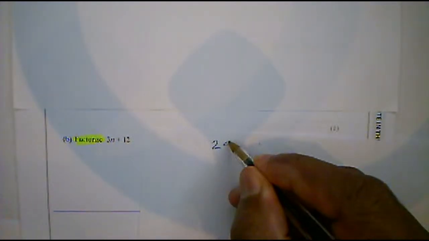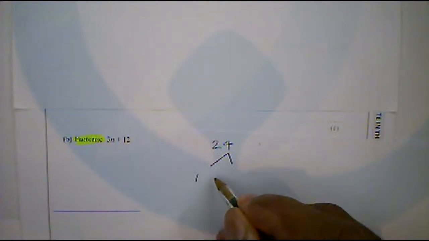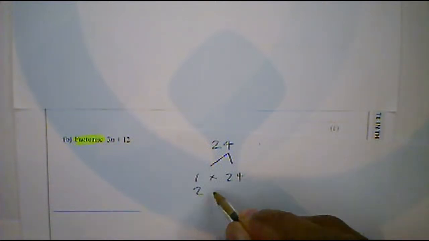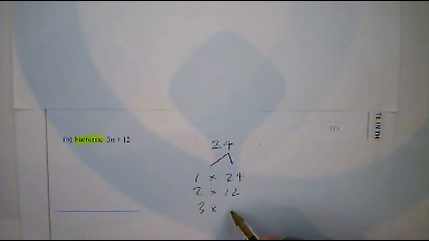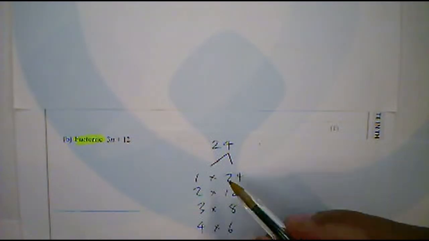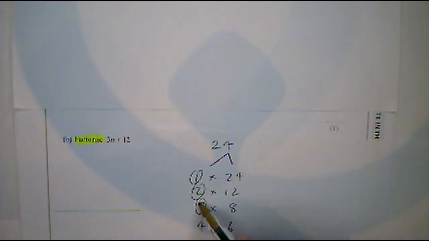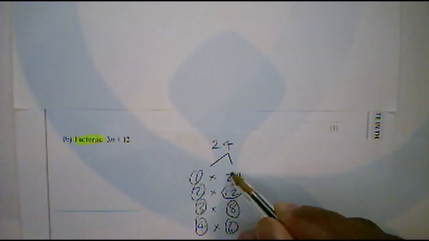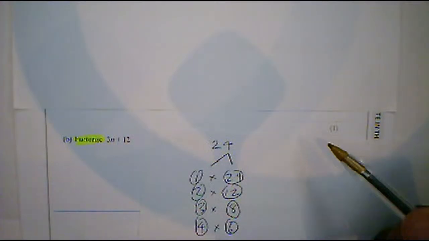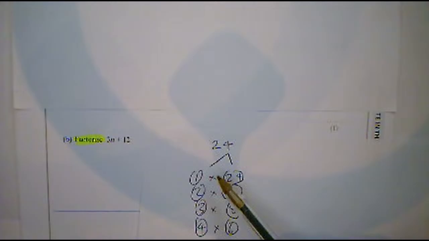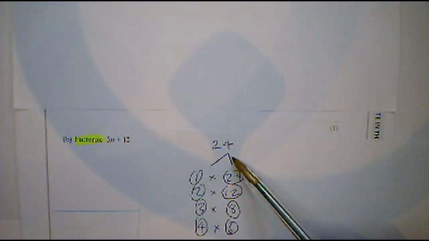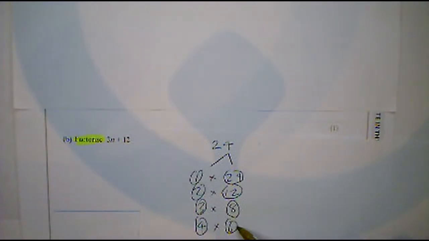What numbers make 24? 1 times 24, 2 times 12, 3 times 8, 4 times 6. So these are all examples of factors. A factor is a number that goes exactly into another number without any remainders. So 1 goes into 24, 2 goes into 24, 3 goes into 24, 4 goes into 24, and so on.